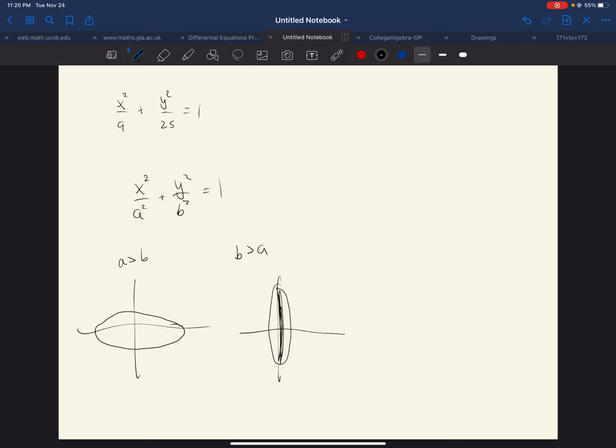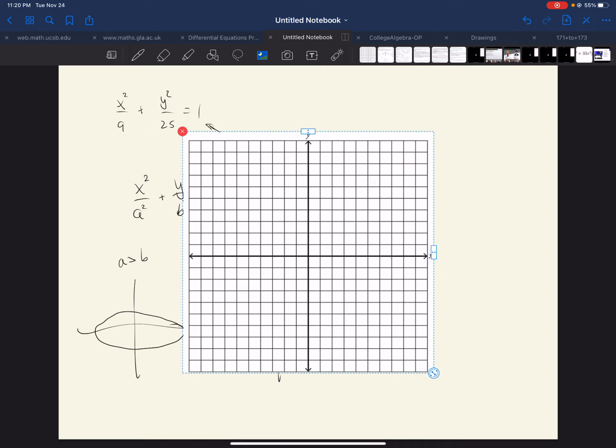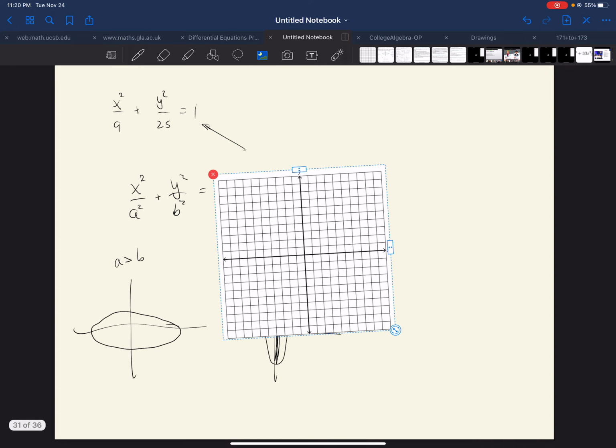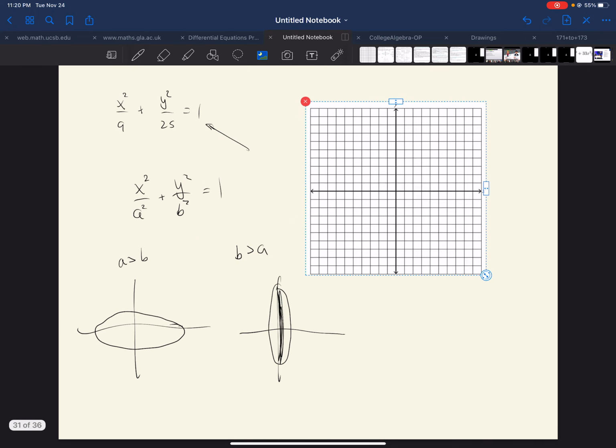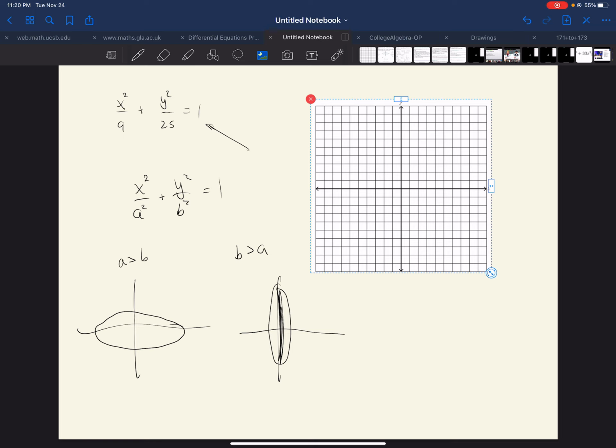So let's do this problem here, and we'll take a look at it, and we'll get all of the information we need. Underneath the x, the square root of that is 3, so we go 1, 2, 3, and 1, 2, 3.